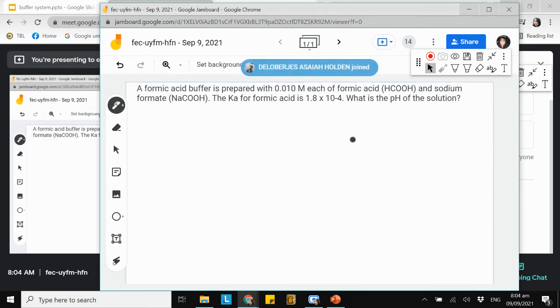You have a solution prepared with 0.1 M each of formic acid and sodium formate. Now the ionization constant of formic acid, or Ka, is 1.8 times 10 to the negative 4. Okay? Now it's asking for the pH of the solution.